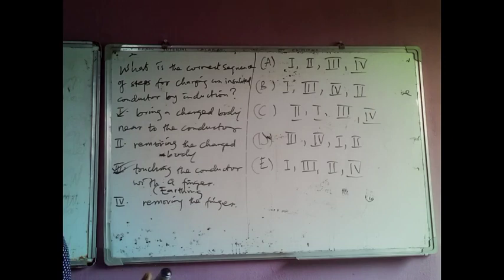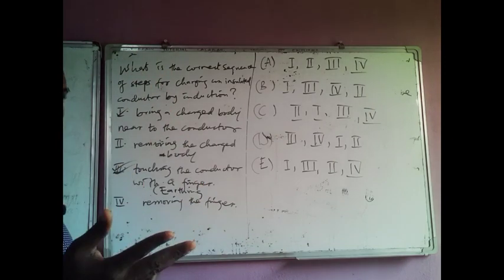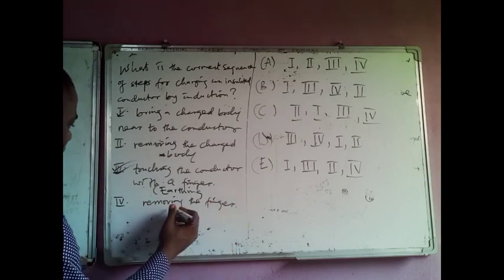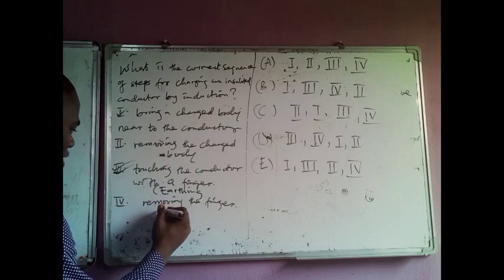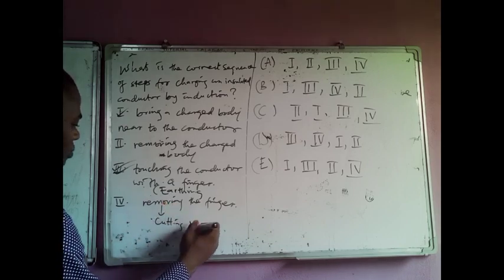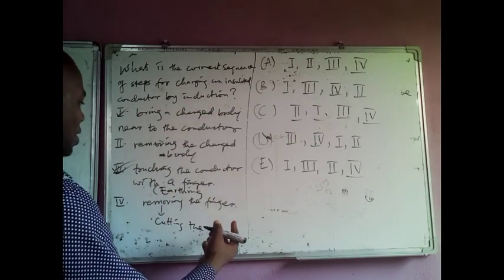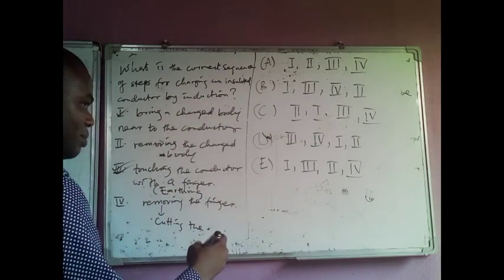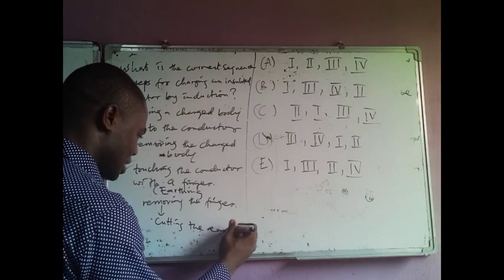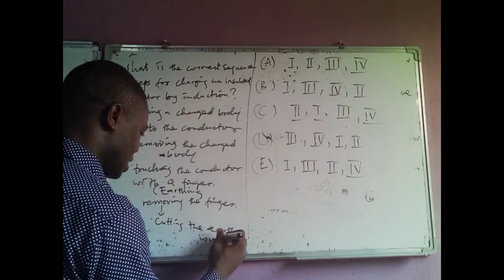Now, our body is a good conductor and can also move electrons through us down to the earth. So you touch it with the finger, and with that you have removed excess electrons. Then this you cut. This means simply cutting the earth wire, removing your finger from the conductor, meaning you have stopped the flow of electrons.